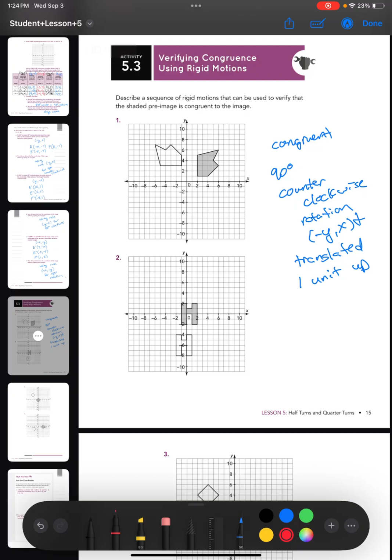For the second, what you will find is these are also congruent. And we had a translation, so it was slid 1 left and down 6 units.